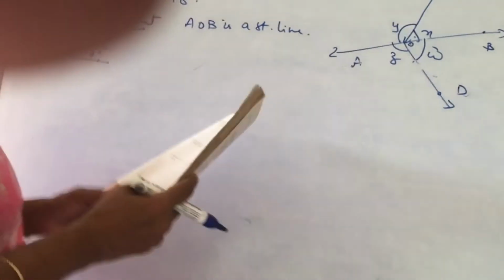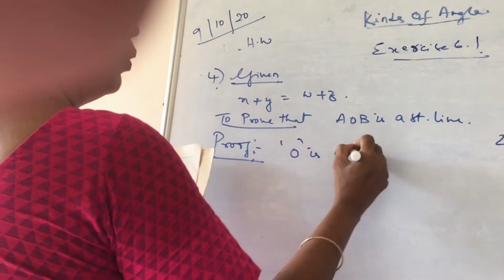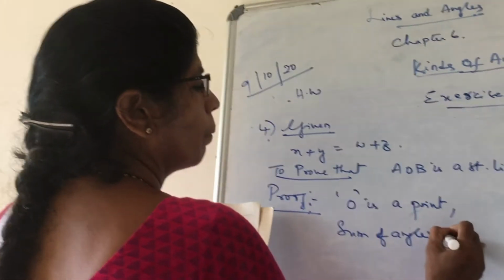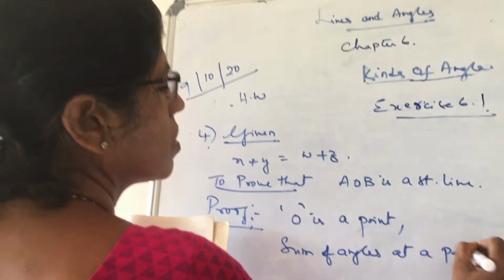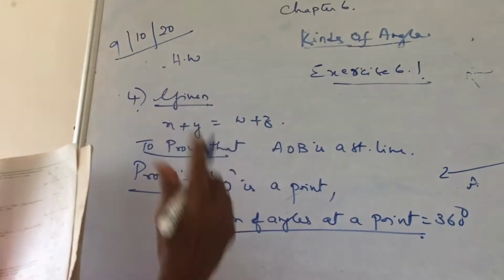Are you able to follow, children? Yes. O is a point. The sum of angles at a point is equal to 360 degrees. This is the main concept, children.